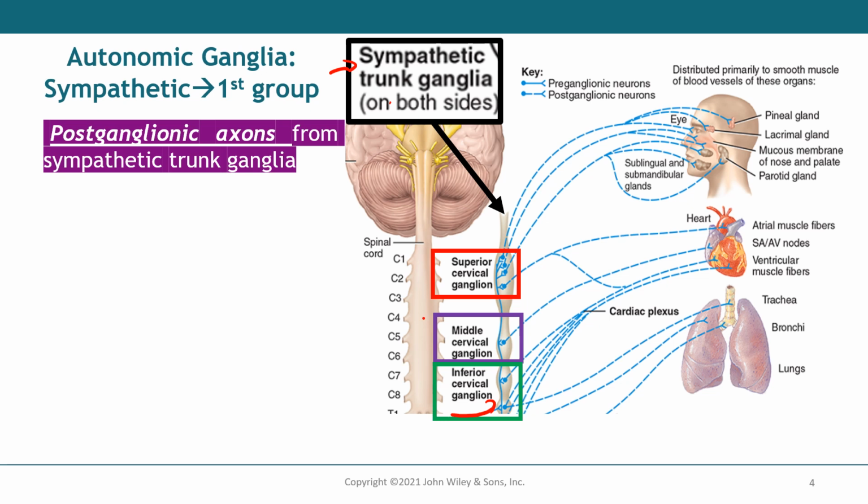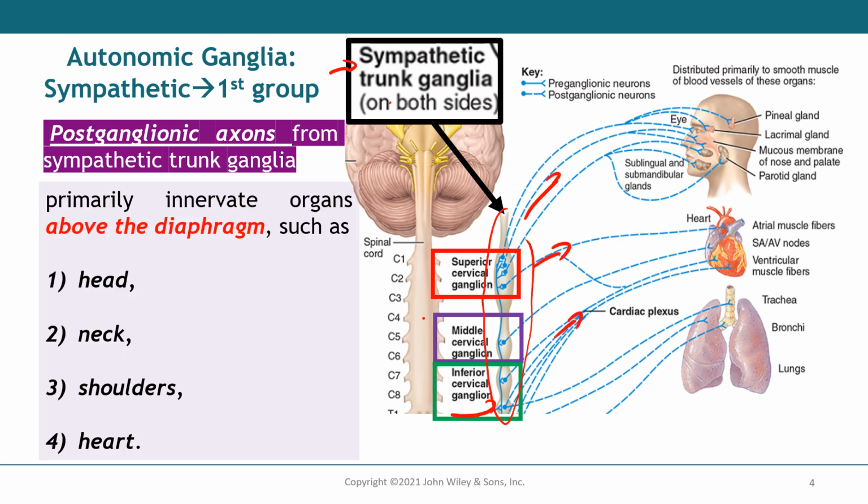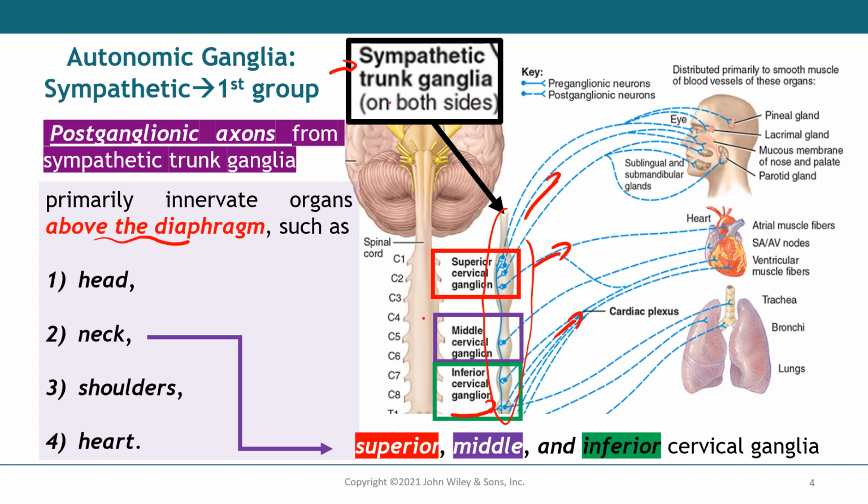There will be these preganglionic axons that will have synapses with the sympathetic trunk ganglia, and from there you will have all these postganglionic axons, and those will primarily innervate organs that are above the diaphragm. In particular, the ones located in the neck have very particular names that are very easy to remember: superior, middle, and inferior cervical ganglia.